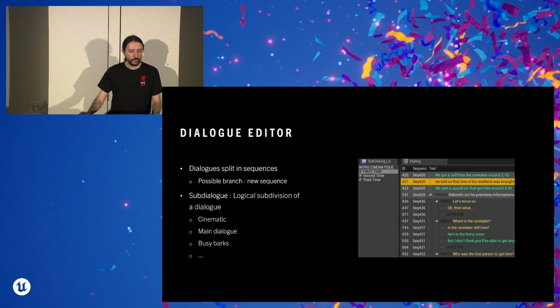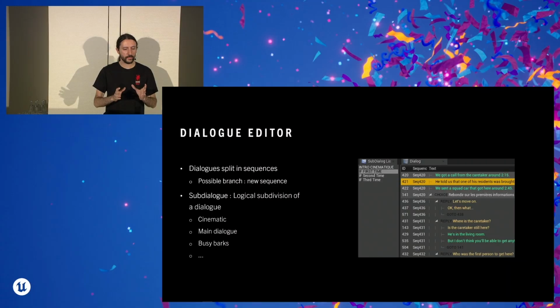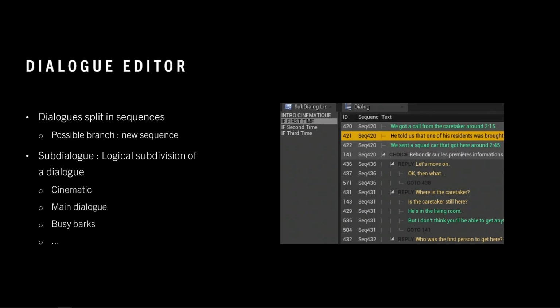Inside of the dialogue editor, things are automatically split into sequences. So basically, every time you have a possible branch, because of a choice, because of a condition, it creates a new sequence. As you can see, you have sequence 420 and 436 and all that.